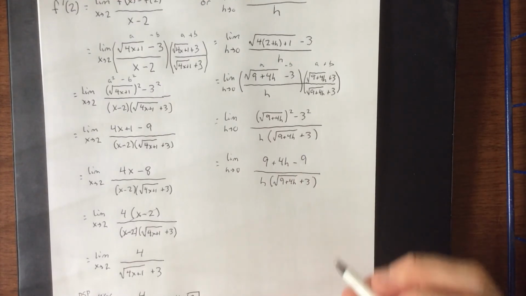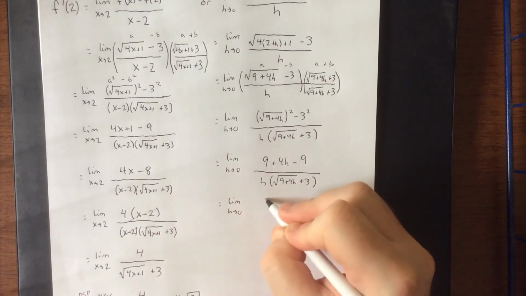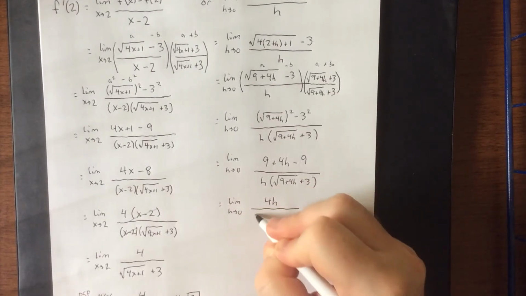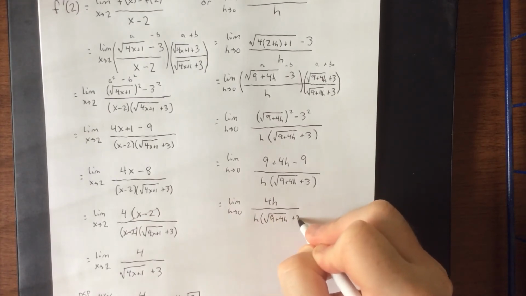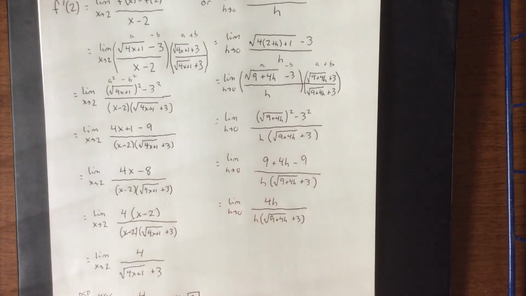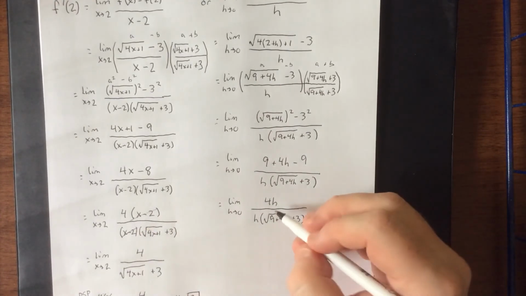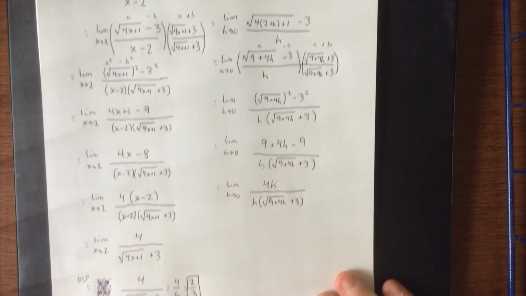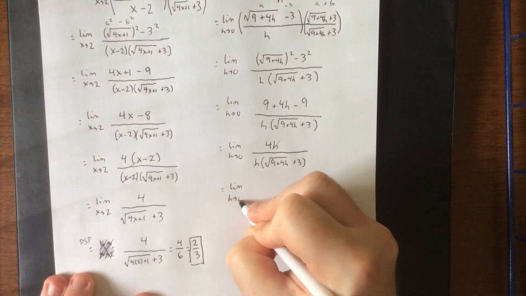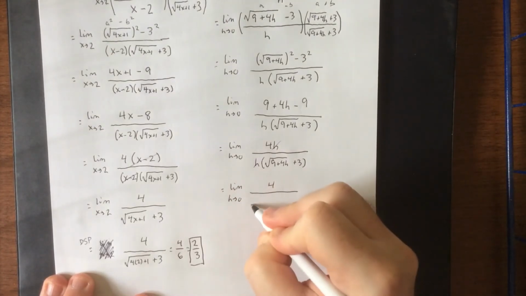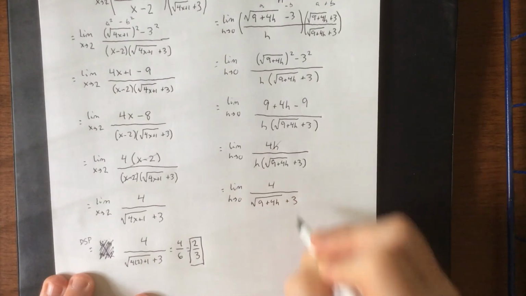Combine like terms, 9 minus 9 leaves us with 4h in the numerator. And h times our nice big radical expression after that. Now, like we saw over here, that means that we can cancel out a factor of h with h, leaving us with the limit as h approaches 0 of 4 over the square root of 9 plus 4h plus 3.